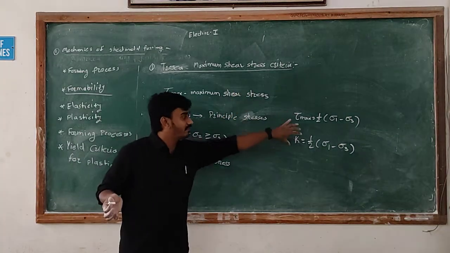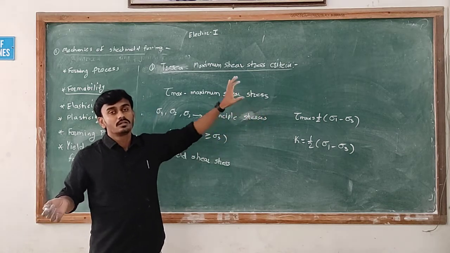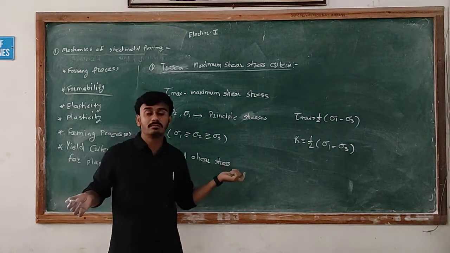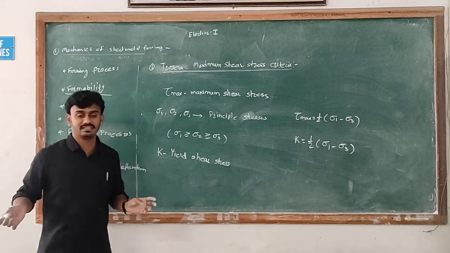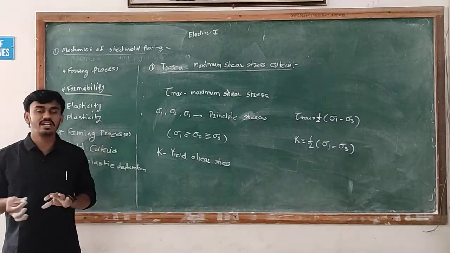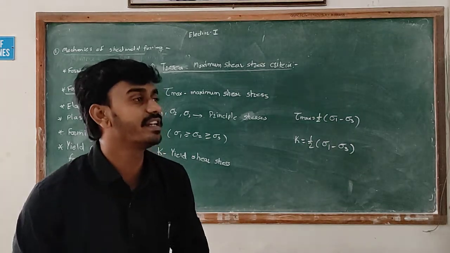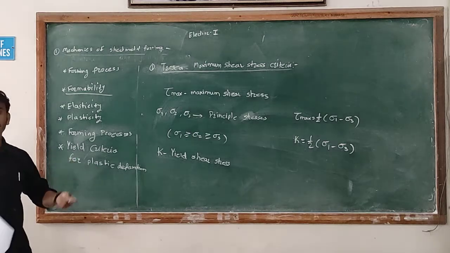From this criteria we can say that the yield shear stress in a material will not depend on the intermediate principal stress. This is the first criteria for the plastic deformation of the material.